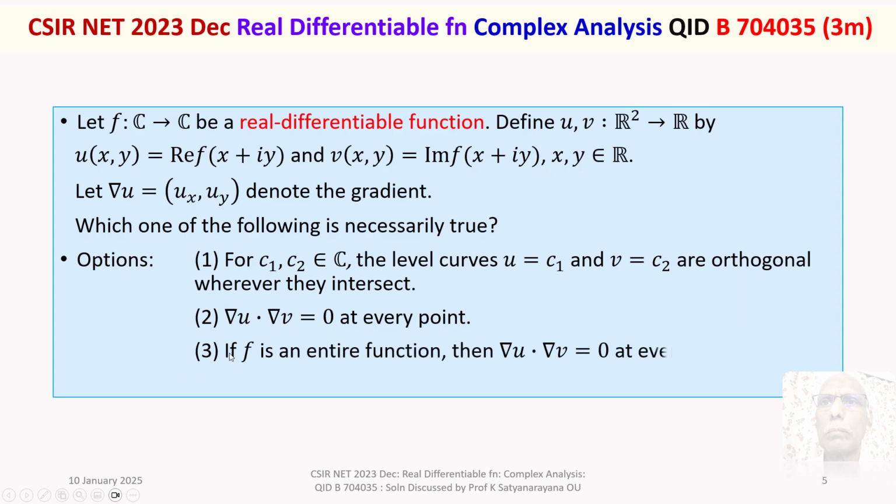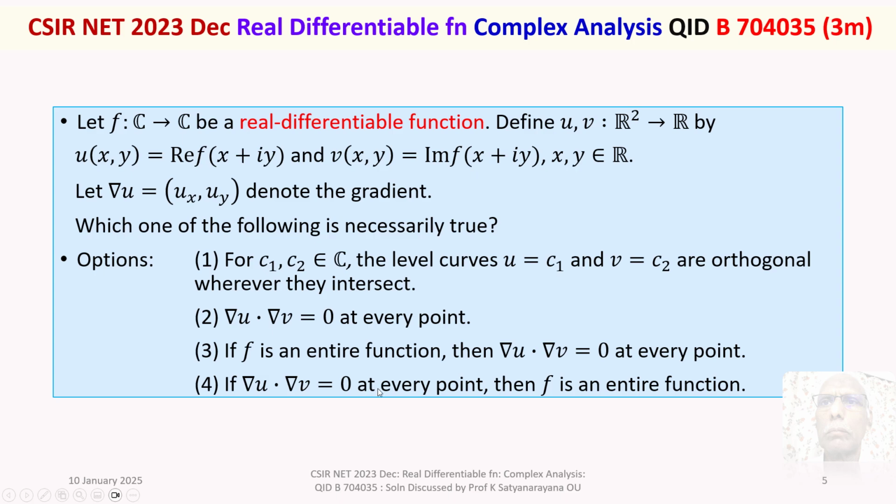Option 3: if f is an entire function, then grad u dot grad v is equal to 0 at every point. Option 4: if grad u dot grad v is 0 at every point, then f is an entire function.